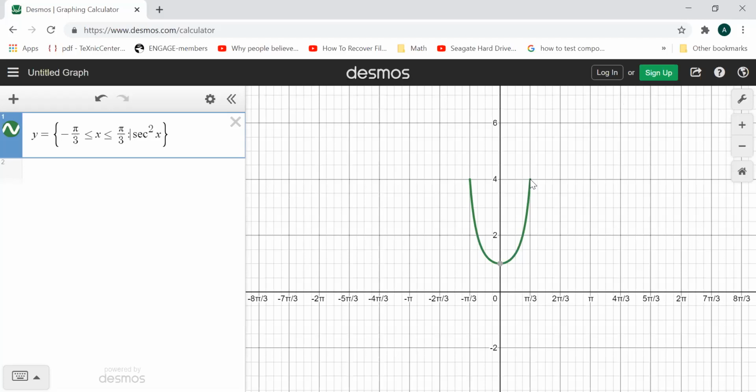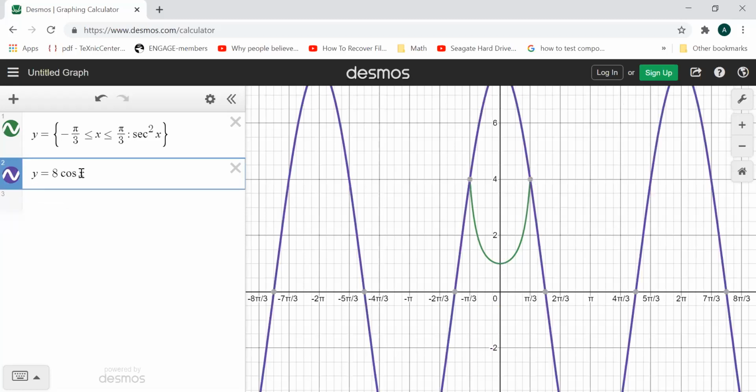so what's the other function? Is it secant squared, yes. The other function is 8 cosine x. We're going to do the exact same thing. If I do y equals 8 cosine x, oops, it's kind of nice, but again, there are too many things here, so I don't like that.